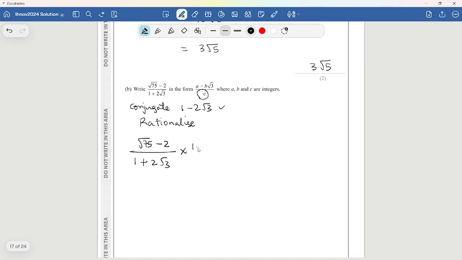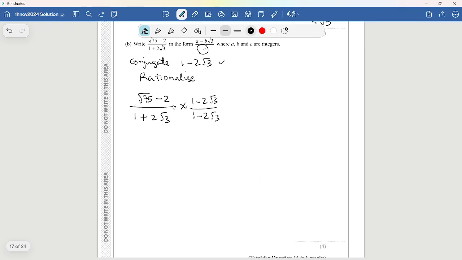So the conjugate is 1 minus 2 root 3 over 1 minus 2 root 3. So now this will be root 75 minus 2, this entire thing times 1 minus 2 root 3, over 1 plus 2 root 3 times 1 minus 2 root 3.